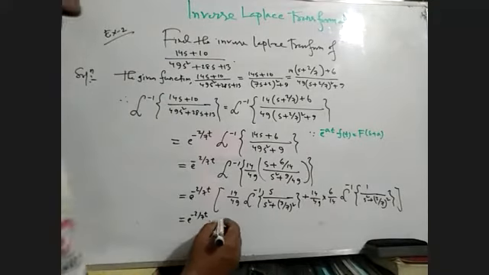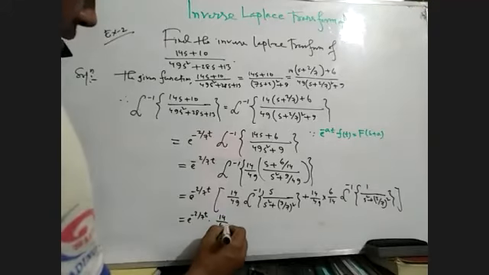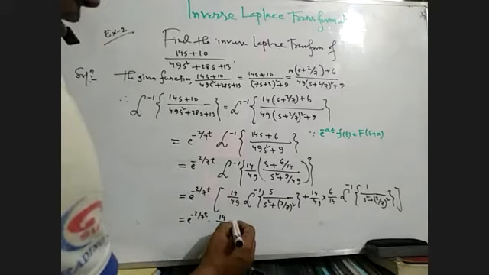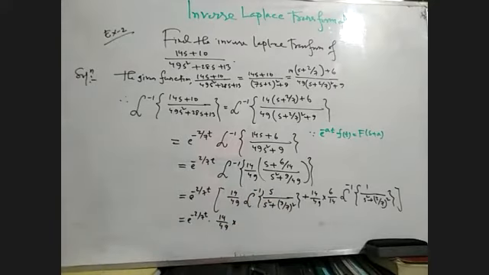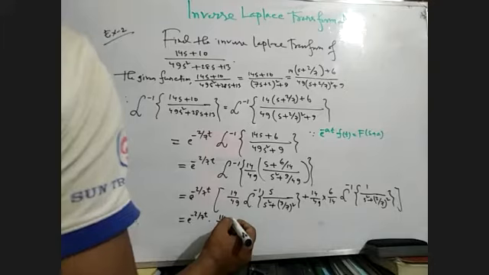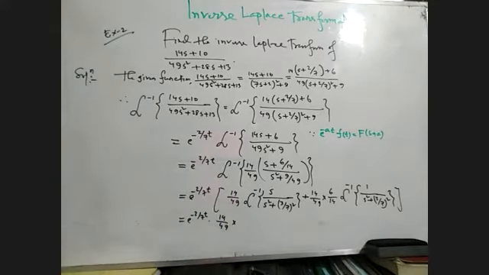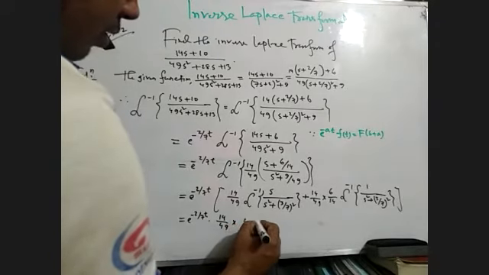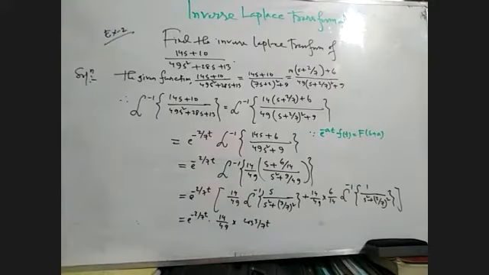What will be 14 by 49 multiplied by, what will be the formula here? s divided by s square plus a square, the formula, what will be? Cos at, so cos 3 by 7t.